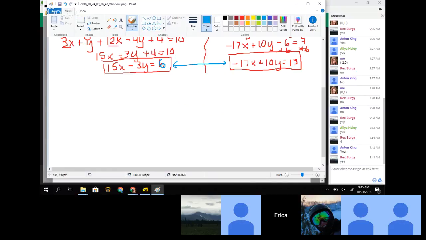All right, so if I want to solve 2 equations with 2 variables, I'll just write them like this. I have 15x minus 3y equals 6, and I have negative 17x plus 10y equals 13. Okay, these are my 2 equations now.